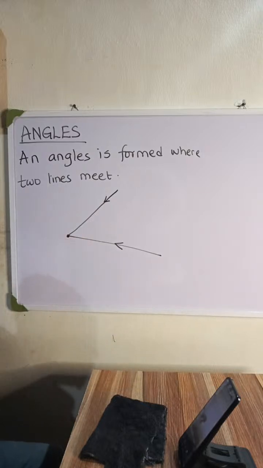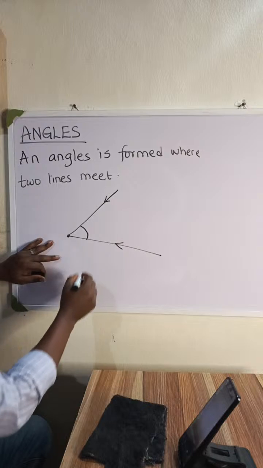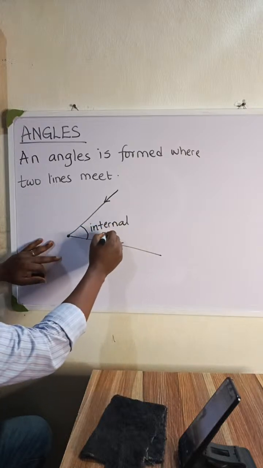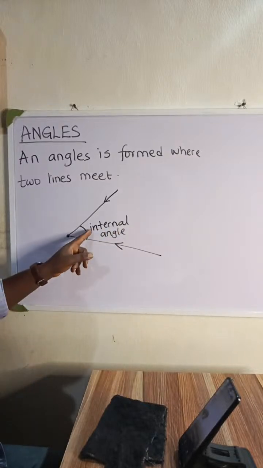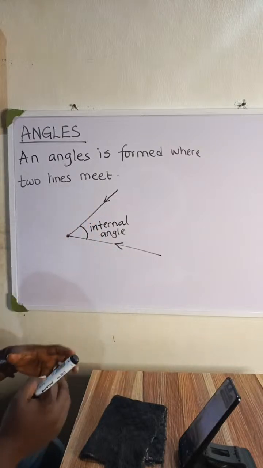When they meet, they are going to create angles. The first one is this angle, which is an internal angle, the angle inside, enclosed by the two lines.